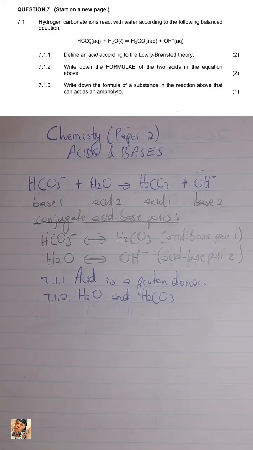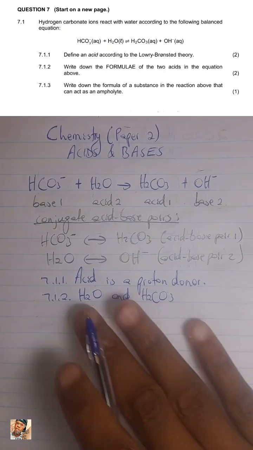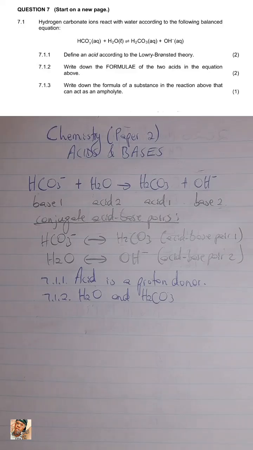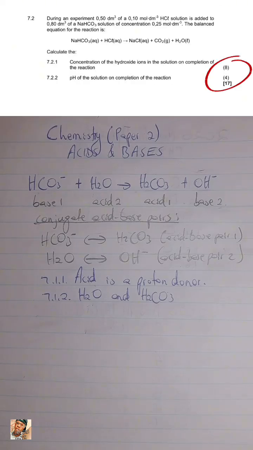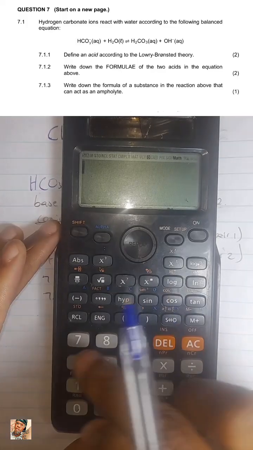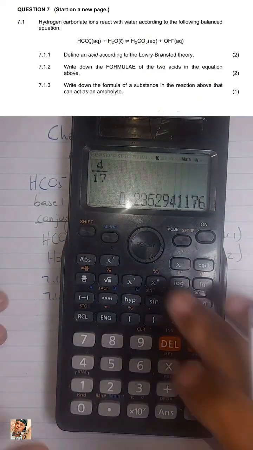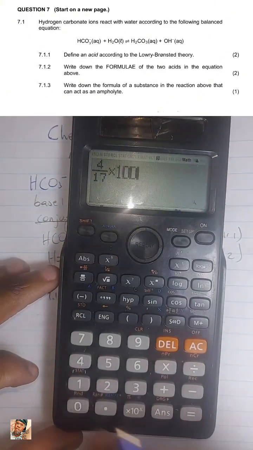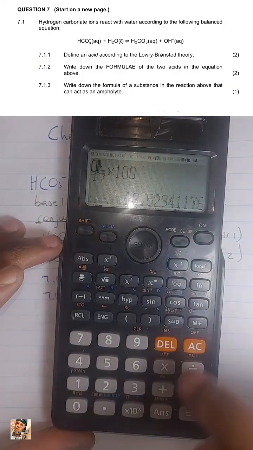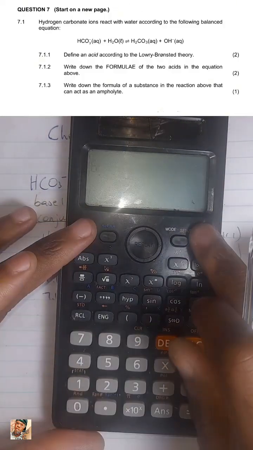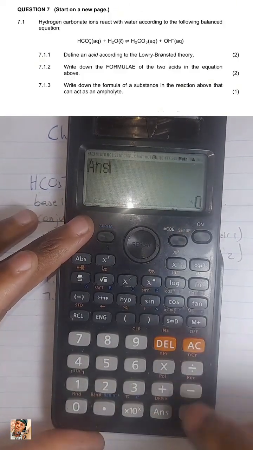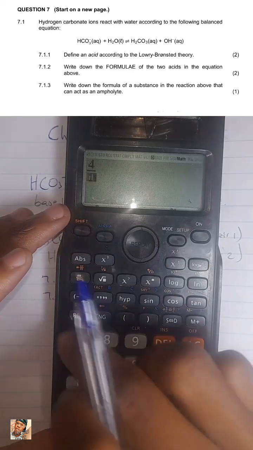Look at how we have got our 4 marks just by answering. We haven't even done anything at all. How much is this worth? This is total 17. We already have 4 marks. So what is 4 out of 17? When you multiply this by 100, we're going to get 24%. Okay.